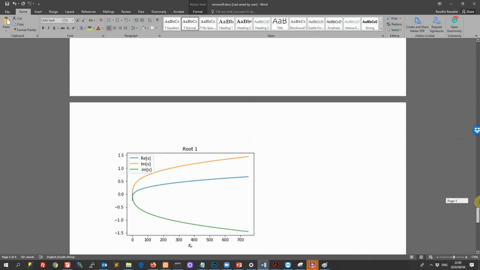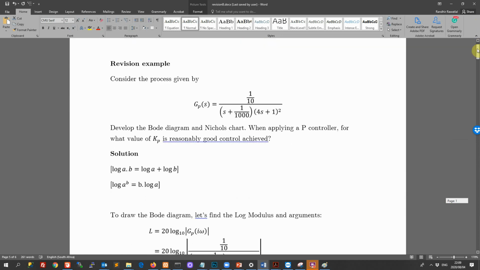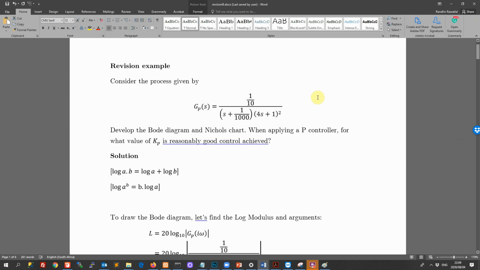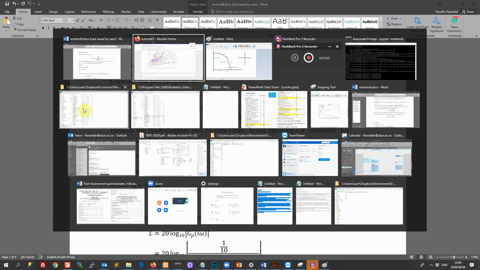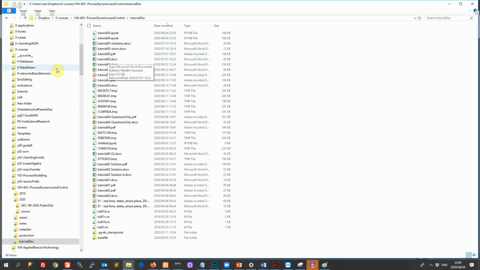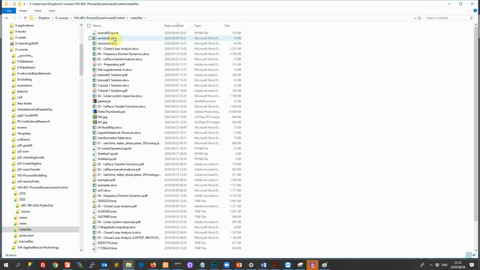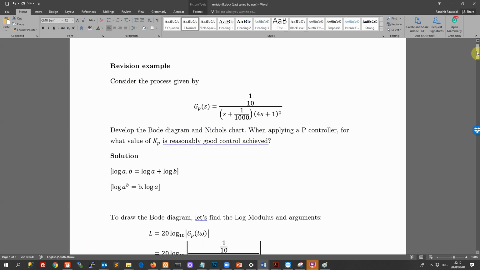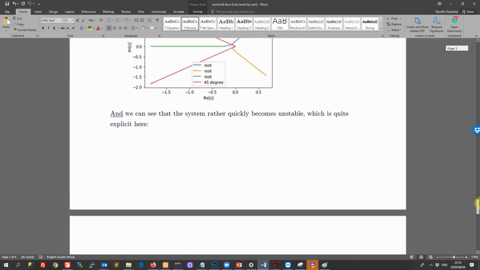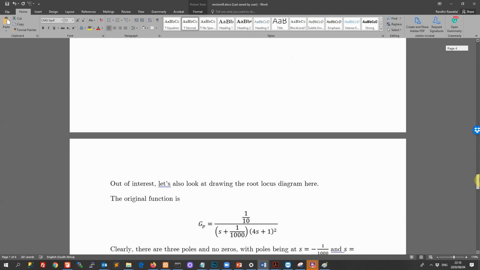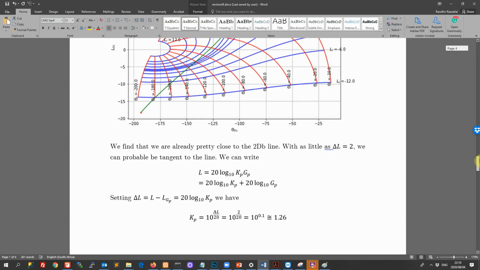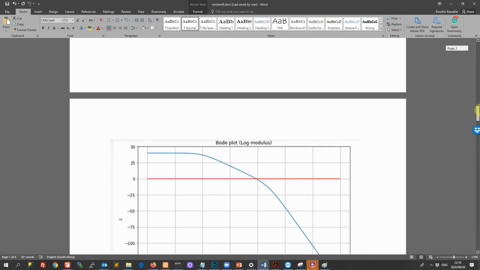Okay, so that's all I wanted to cover in this revision, this example. So you can work through the example that we introduced in that revision exercise. You can work through in revision A. There's a different problem that was introduced there.